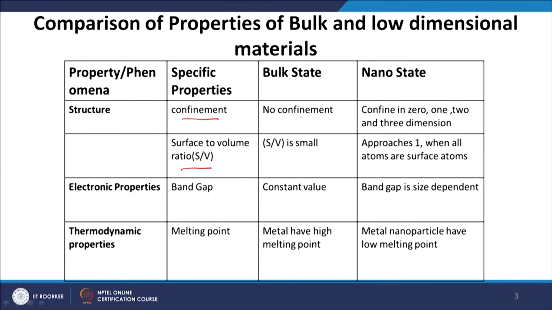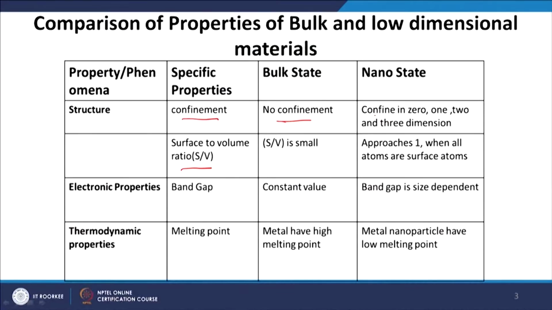Now, in the bulk state there is no confinement. So, electron is free to move in all three different directions, but in nano state like quantum dot, it is confined in 0 or 1 or 2 dimensions, and sometimes it is 3 dimensions. So, basically we can also make a nanoparticle where all the 3 dimensions exist, but the size is more than 10 nanometer.